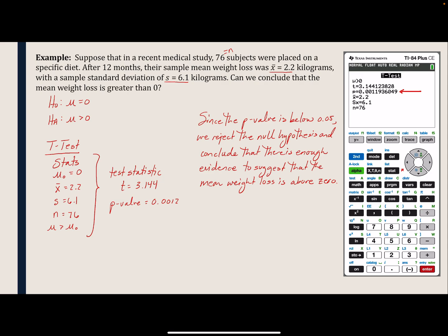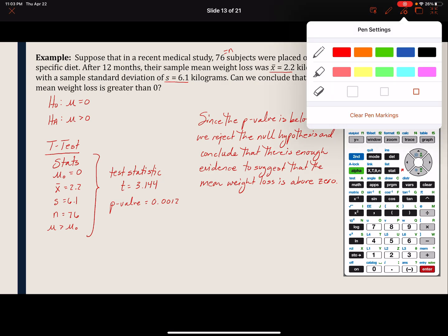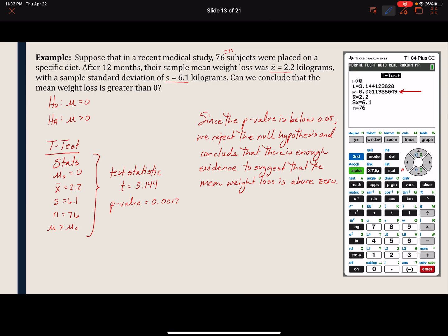So again, when it's below the significance level, then we reject the null hypothesis and conclude that there is enough evidence.